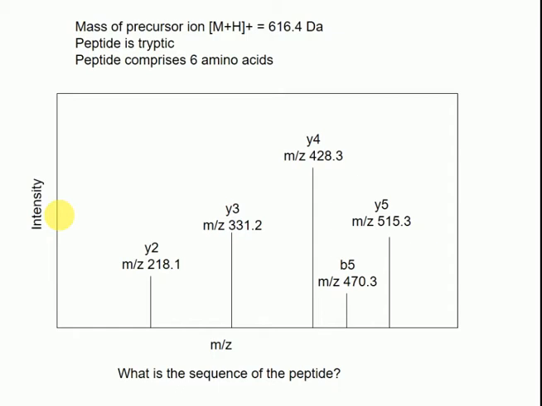Subtract the lysine residue. Now that is the charge plus the N-terminus plus the C-terminus. And that should give you 71, which is alanine. Did you follow that?